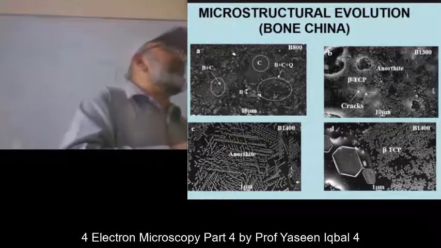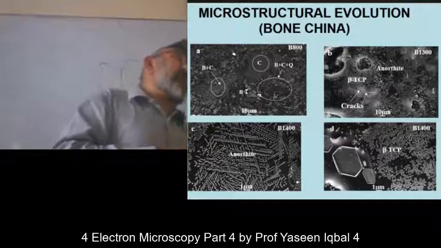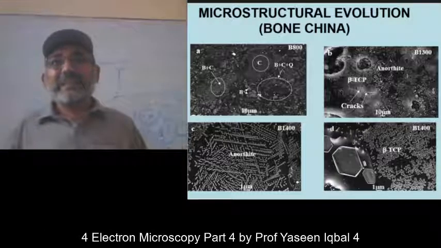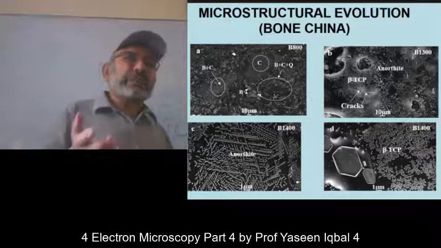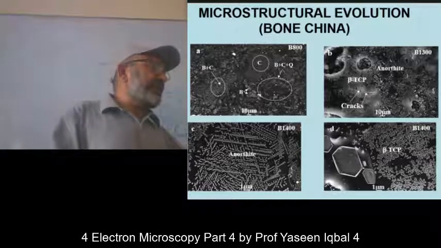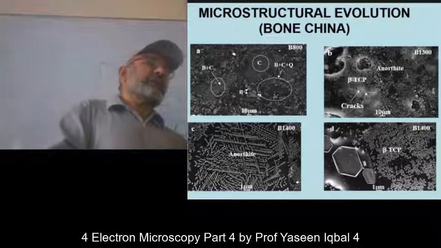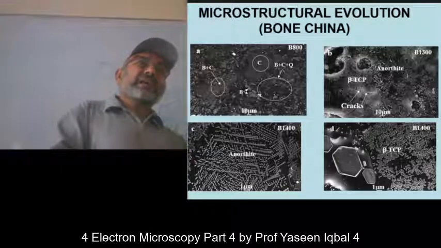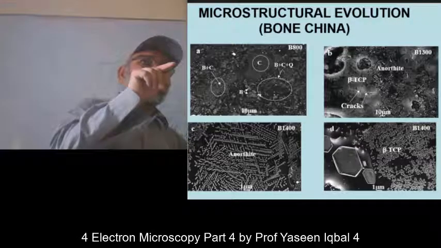So how much area is there? And you are deciding your science upon that small area. 1 into 1 millimeter is 1 millimeter square. The thickness is 20 nanometer. 20 into 10 power minus 9 multiplied by 1 into 10 power minus 3. 1 millimeter is minus 3.